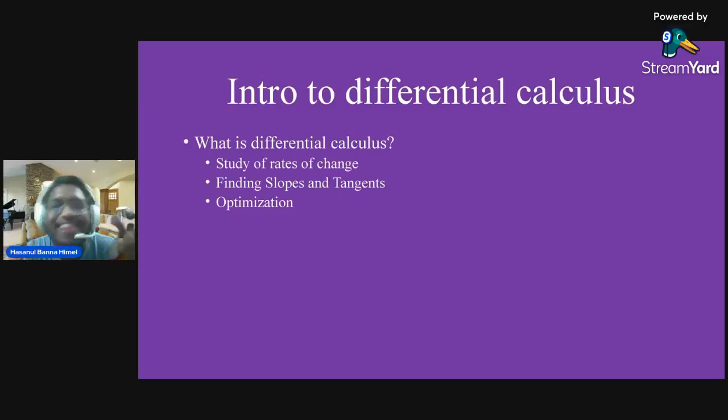As I said earlier, when we're working with motion, when we're traveling from one place to another, we get different velocity, we get different speed, which can be calculated, or we can find the rates of change more closely, using differential calculus.